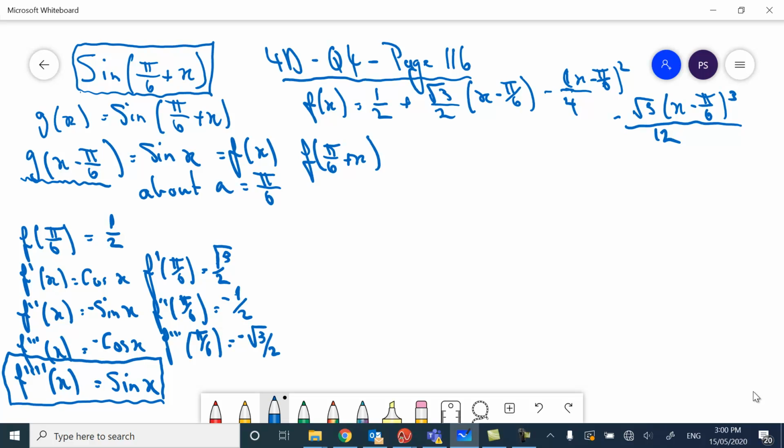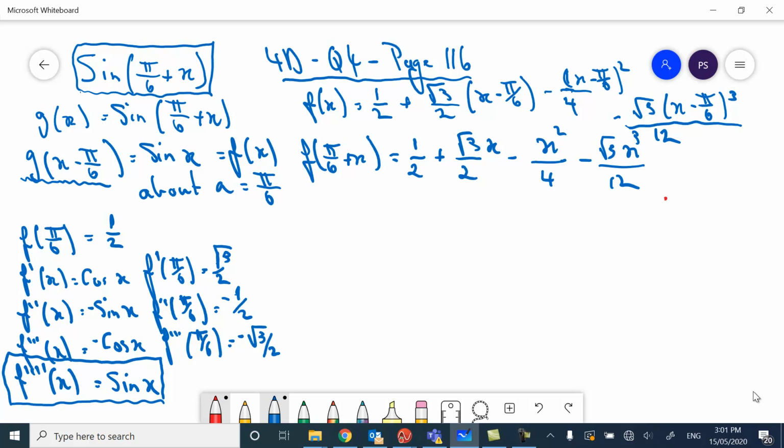So I'm now going to replace x with pi on 6 plus x, which will give me a half, plus root 3 on 2 x, minus x squared on 4, minus root 3 x cubed on 12.